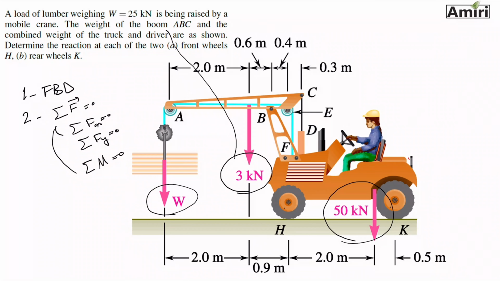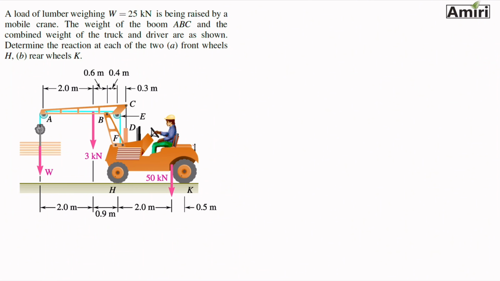All right, let's start with step 1 and drawing the free body diagram. Since we need reactions at these 2 points, I think I'm going to draw the free body diagram of this entire mobile crane. You do not have to include details when you are drawing a free body diagram.